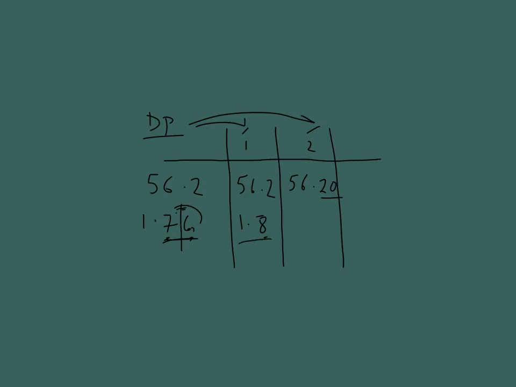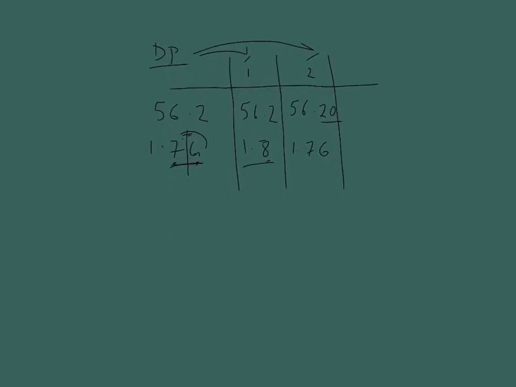But to 2 decimal places it is 1.76. I hope you get the picture. Let's move it up slightly. Let's go and do 2.99. Sometimes we get confused on this. Now we look at the number 9.